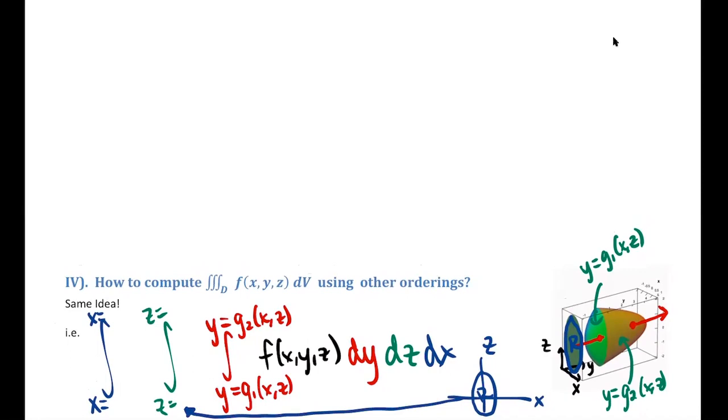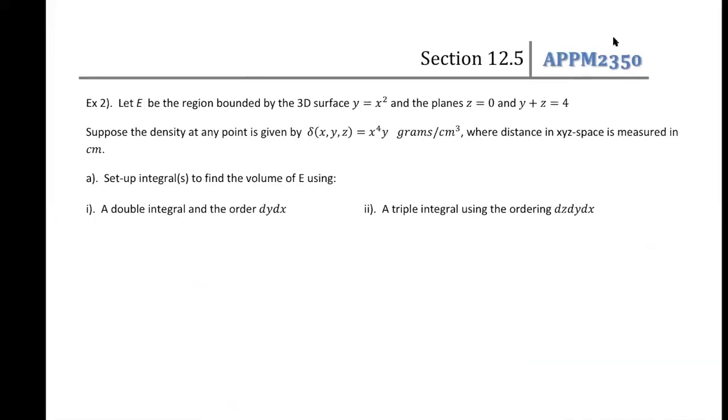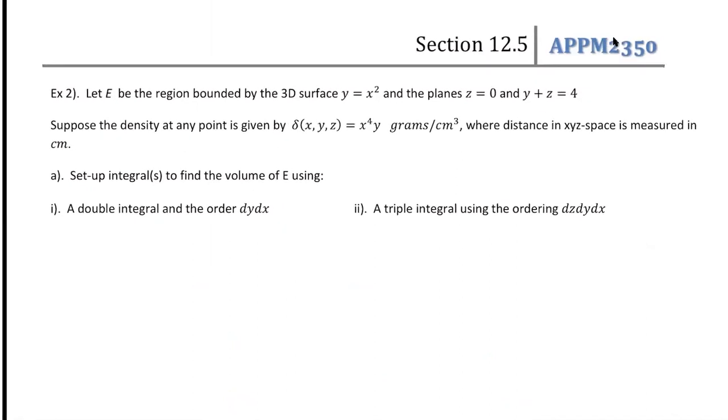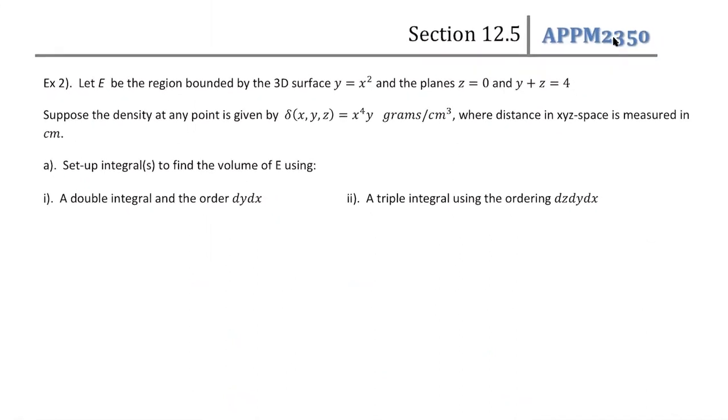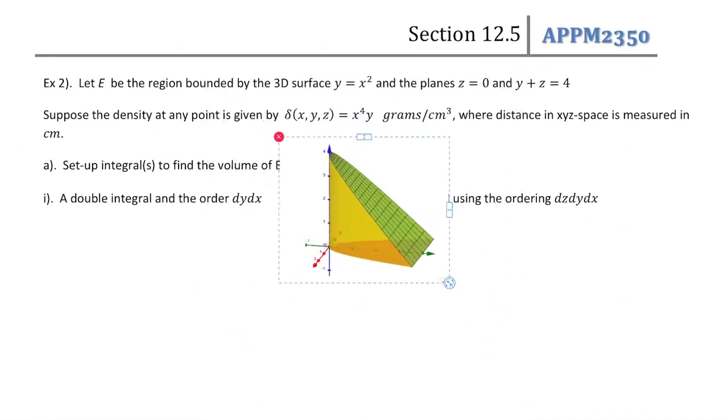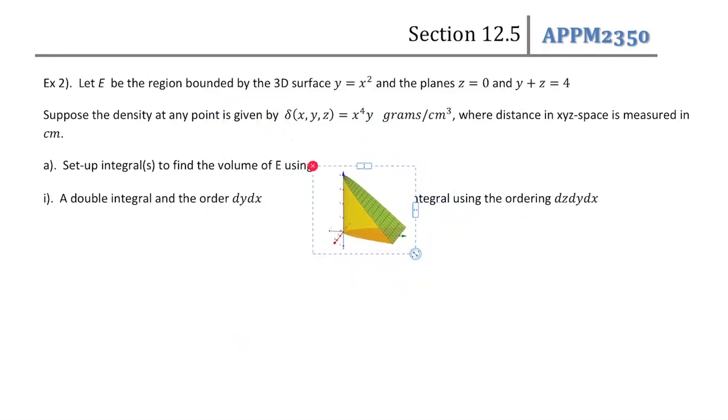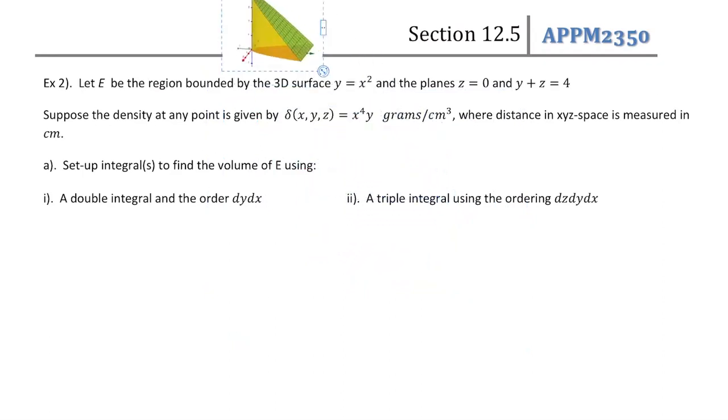Let's actually go back to our warm-up and add in a little bit more info. So we have this region we had on the warm-up, and let's put a picture because we already graphed this as part of the warm-up. In the picture, we can see that this top surface is coming from this plane.